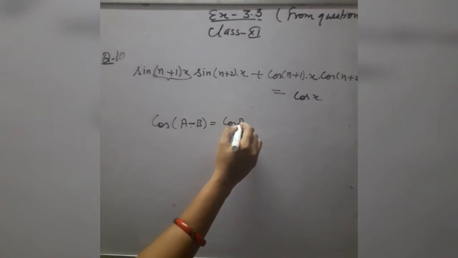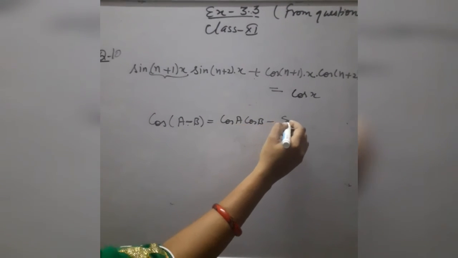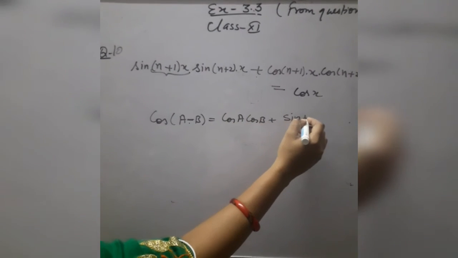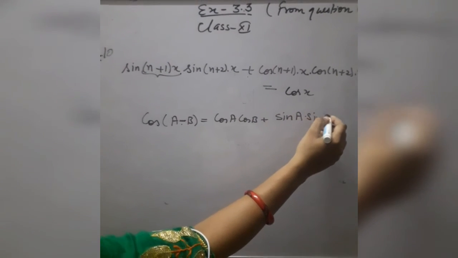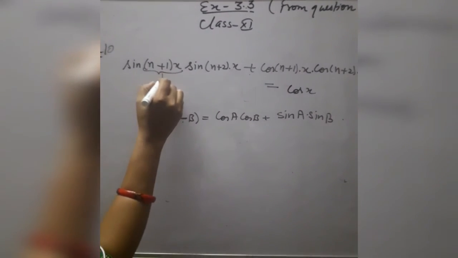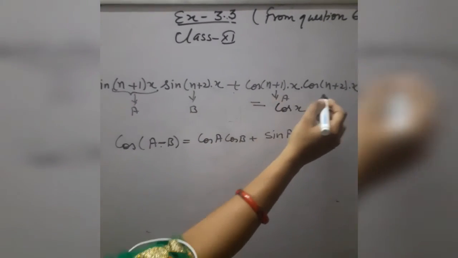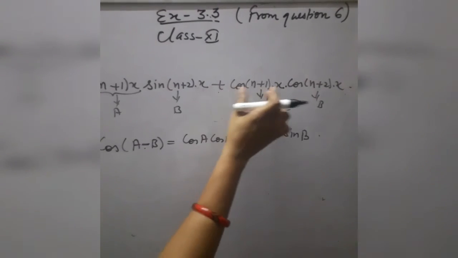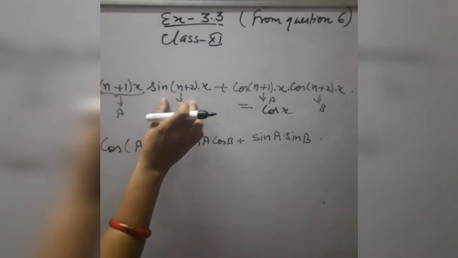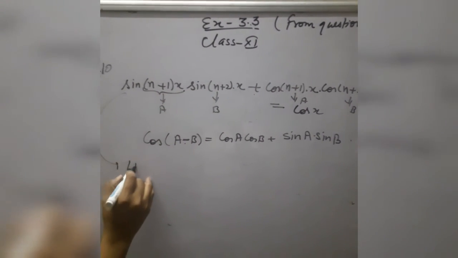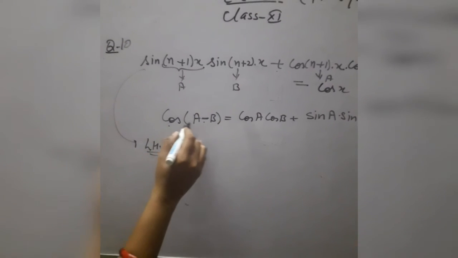Cos(a minus b) is equal to cos a cos b plus sin a sin b. Now what is a here? This is angle a, this is angle b, this is angle a, this is angle b. So cos a cos b plus sin a sin b, this left hand side is equal to cos(a minus b).